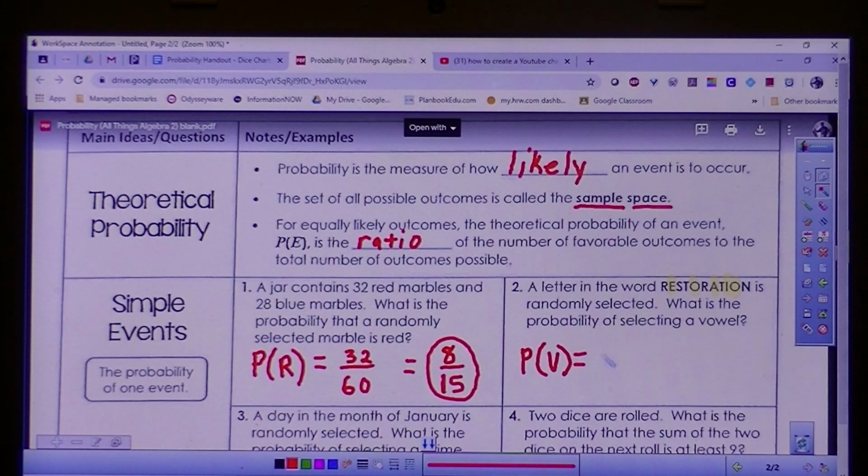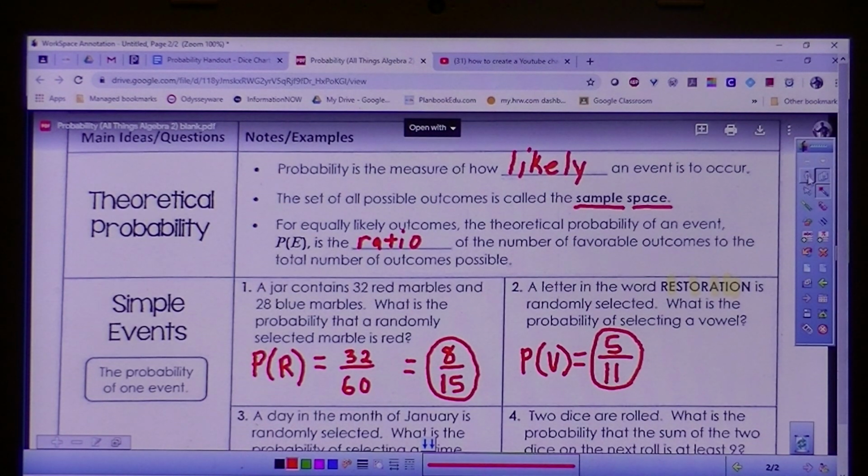We said that was 5 out of, and if you count those up, that's 11 letters. So that's our probability, 5 over 11, or 5 out of 11 is how that's often said. We need to reduce our fraction, but that's all there is to it. So that is our final answer right there.